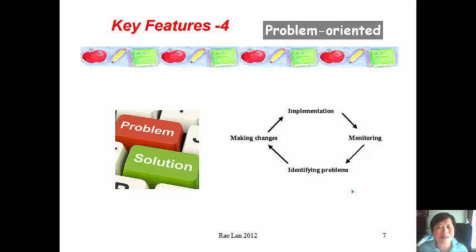They are the methods that we use to solve our language learning difficulties. As you can see here, we first identify the problems, and then we apply strategies to make changes. Then we need to take actions by implementing the strategies. And finally, we also need to come back and monitor our own learning.